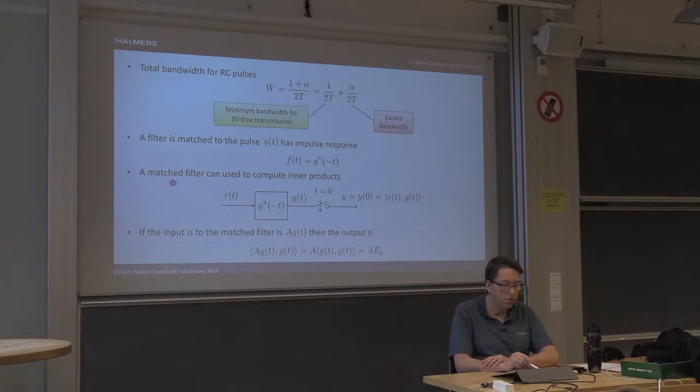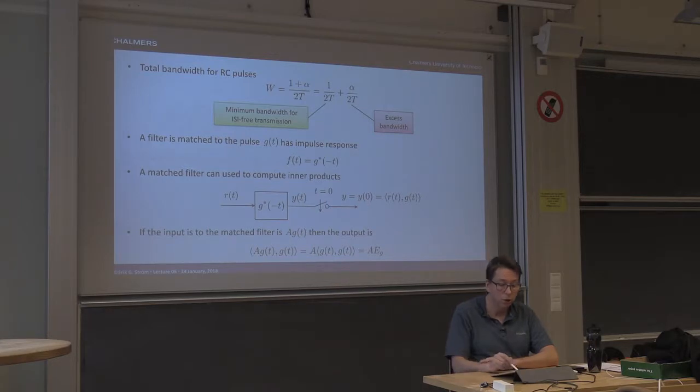All right, so if we have a matched filter, here it is matched to the pulse G, and we have some input R, we get an output Y, which is the convolution between R and the impulse response. If we sample that at time 0, we get a number. Let's call that Y. That number is the amplitude of the output filter at time 0, by definition.